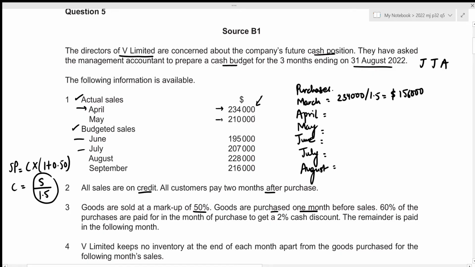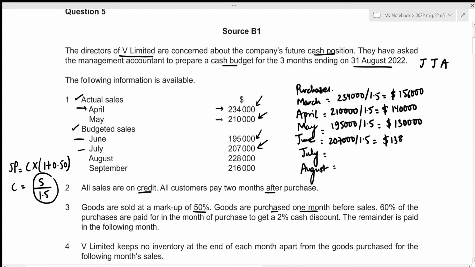For the month of April, that will be 210,000 divided by 1.5, which results in 140,000. For the month of May, that will be 195,000 divided by 1.5, which results in 130,000. For June, that will be 207,000 divided by 1.5, which results in 138,000.